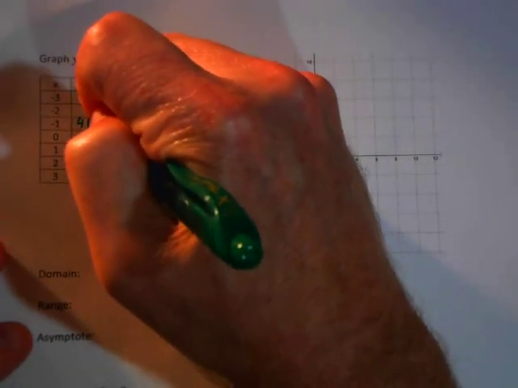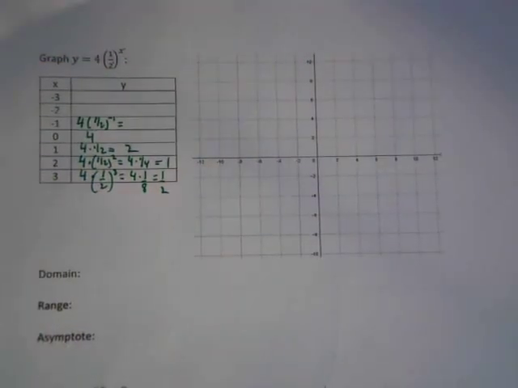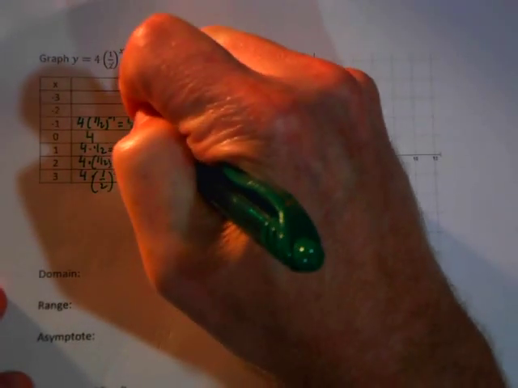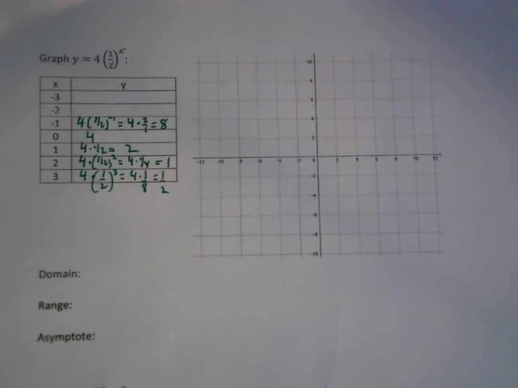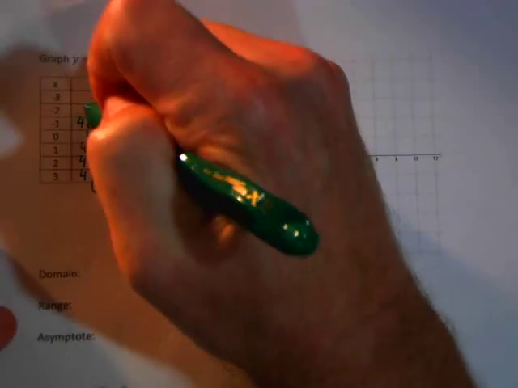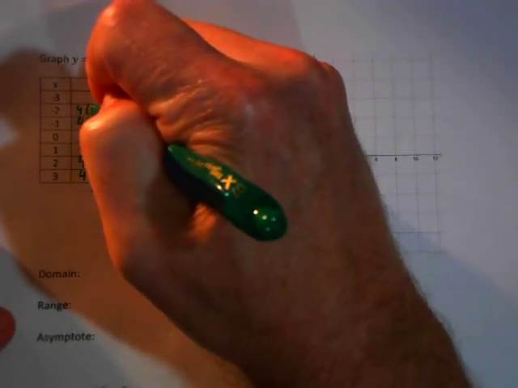4 times 1/2 to the negative 1. Remember what a negative exponent does to a fraction. A negative exponent simply takes a fraction and flips it. So this becomes 4 times 2 over 1. That's 8. Plug in negative 2. 4 times 1/2 to the negative 2. This is going to be 4 times 2 squared.